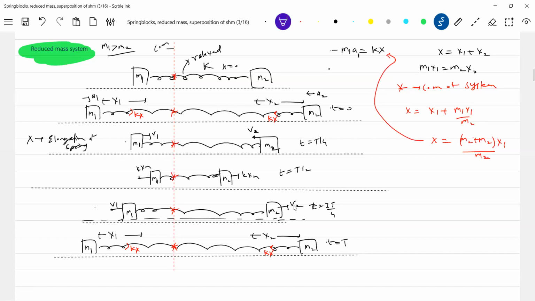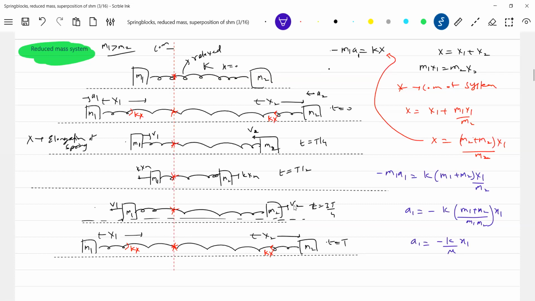What do we get? Minus m1a1 equals k times (m1 plus m2)x1 by m2. I think now I arrived at the equation: minus k times (m1 plus m2) by m1m2 into x1. So all this I'll write as mu.